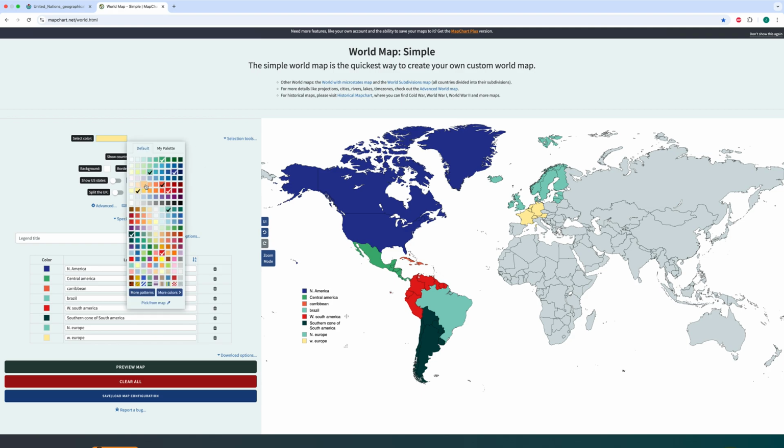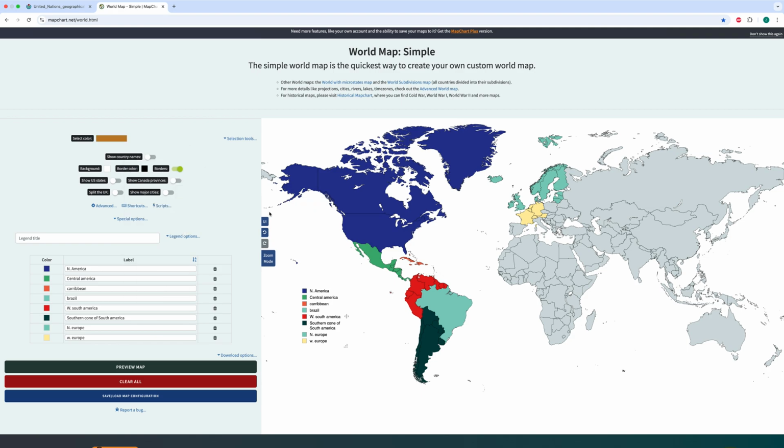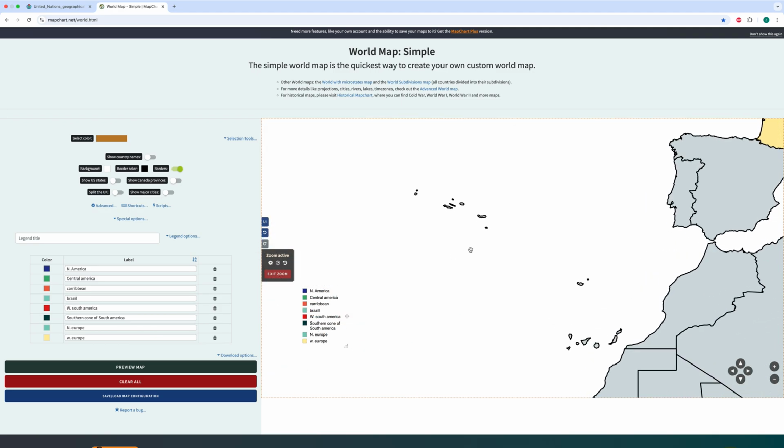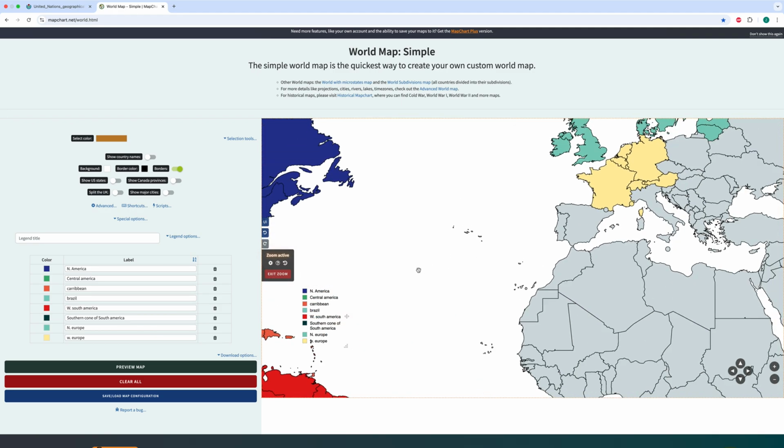Okay, next is Southern Europe. Let's do this shade of brown. Keep on zooming in too much.